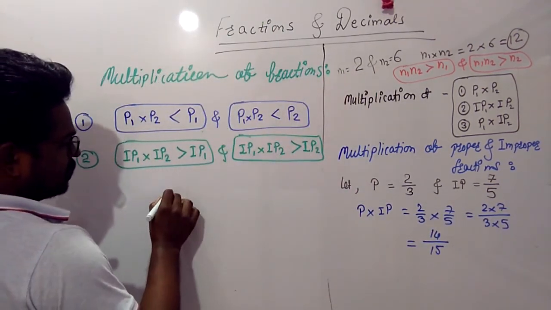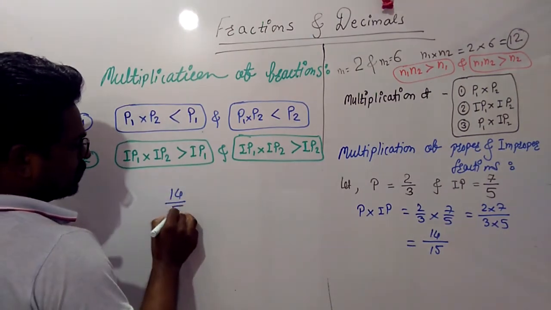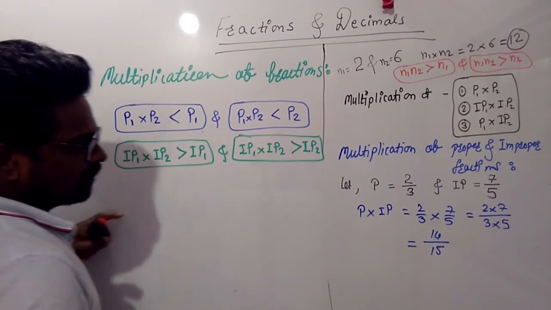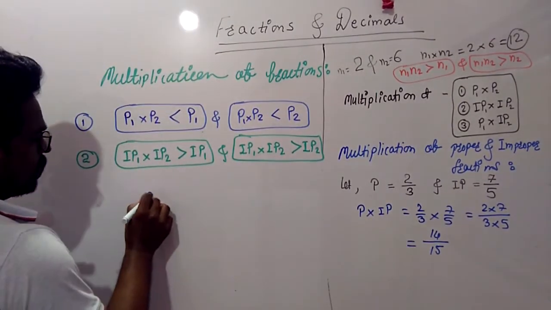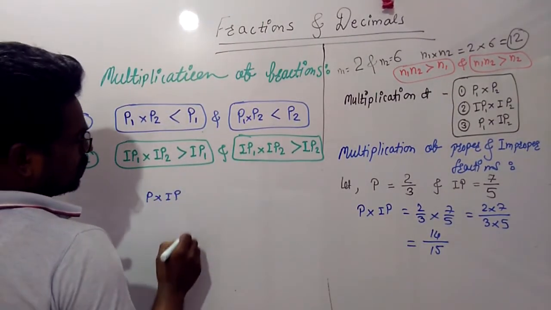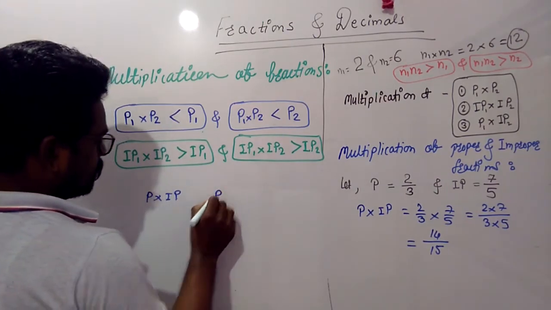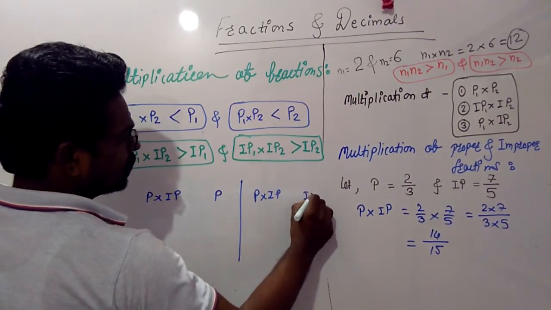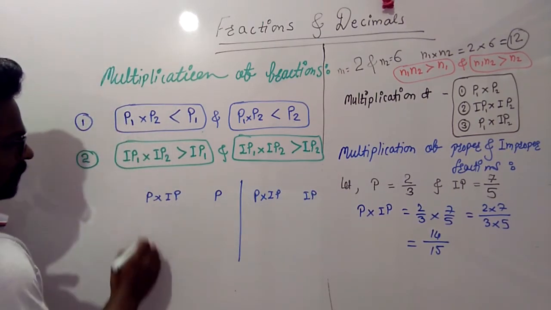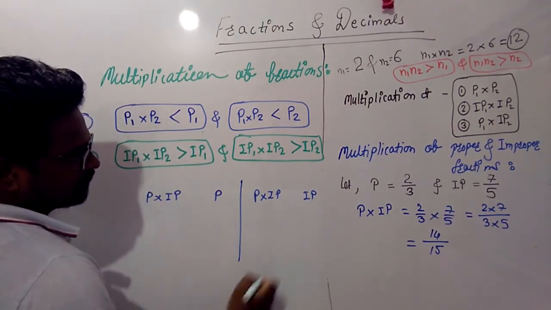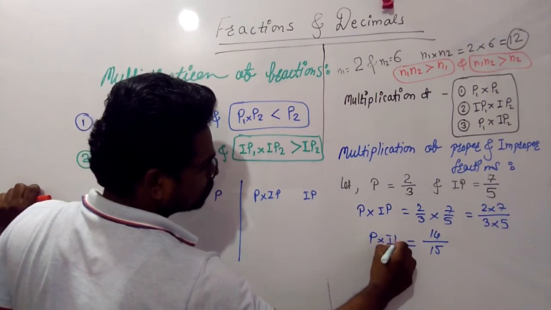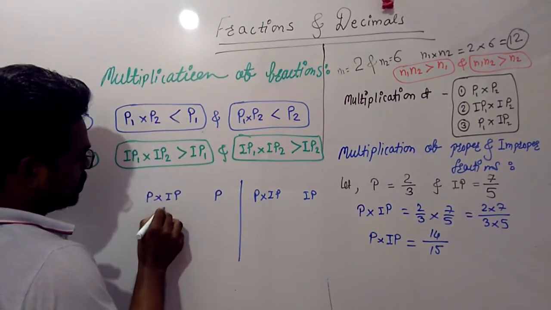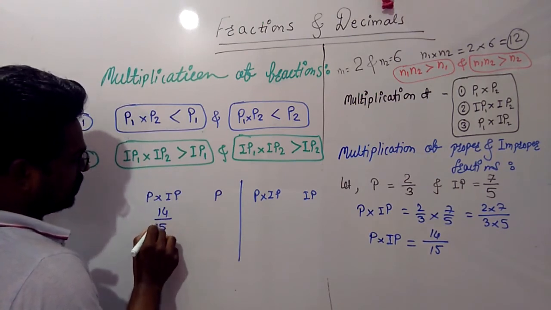Now let's check out 14 by 15. 14 by 15 is your proper into improper, the product of proper and improper fraction.